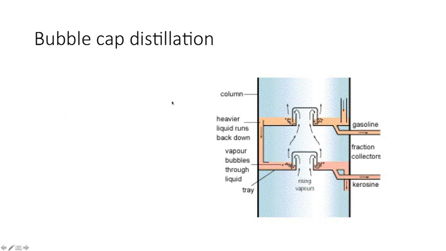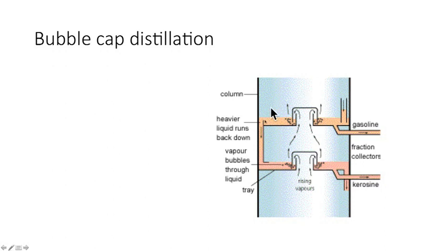As I mentioned before, there are these things called bubble caps, which are in between the fractions, and they're really clever at allowing these different types of fuels to be drawn off. All these vapors rise up from each layer.